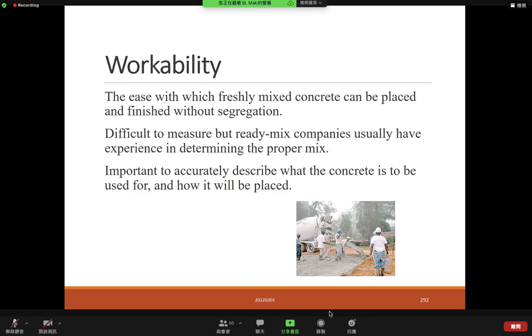For example, if the concrete will be used to make a road or to make a building, then the composition will be different. So you should tell the manufacturing plant the exact application of your ordered concrete.